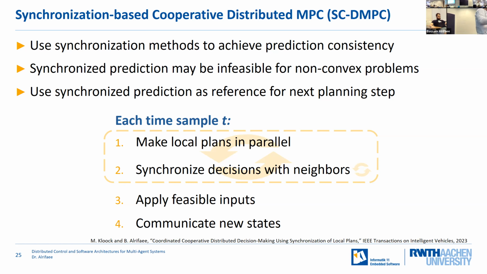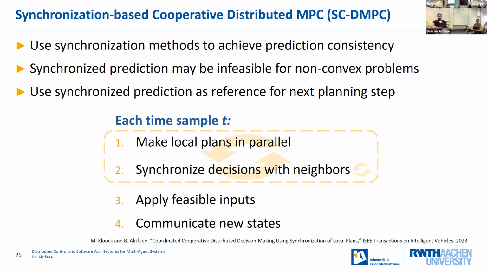You can think of synchronization as computing the mean value of the trajectories. The result in the non-convex space will not necessarily be feasible. So we will use this solution, which is not feasible, as a reference trajectory. Of course, we need to get from there a feasible trajectory, and we repeat this.